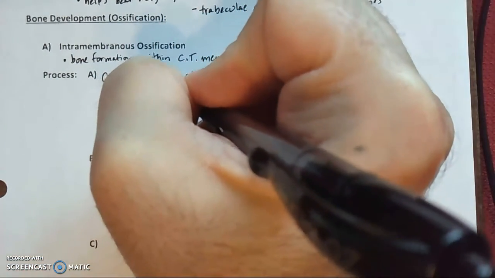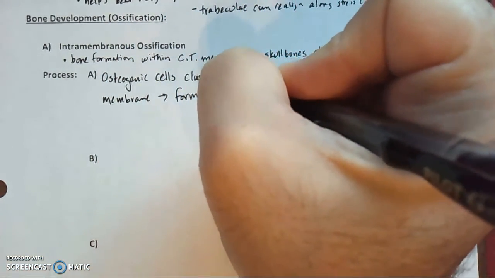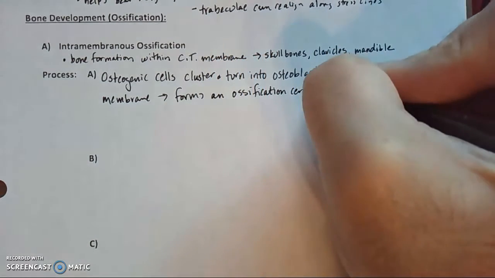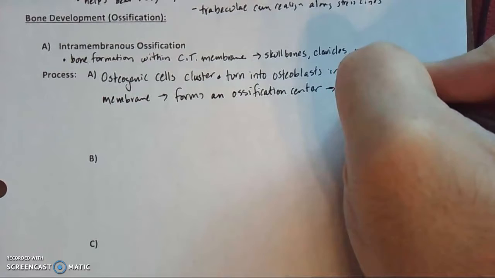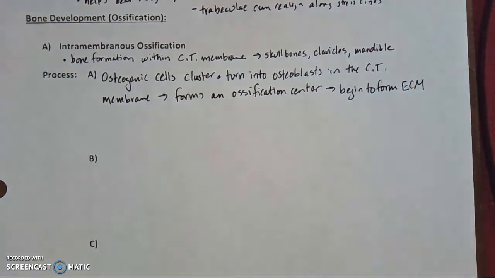And it forms something called an ossification center. And begin to form our bone extracellular matrix, so osseous tissue. So that's the first step.